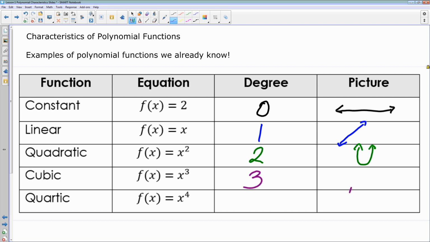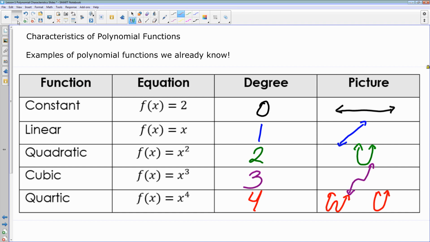And that kind of looks like what we call in Algebra 2 the disco dance, if you will. And then quartic is normally as high as we'll go, for the most part anyway, and that has a degree of 4. And its picture, interestingly enough, can look like a W, or it could also still look like a U, depending on a few things that we're going to talk about.